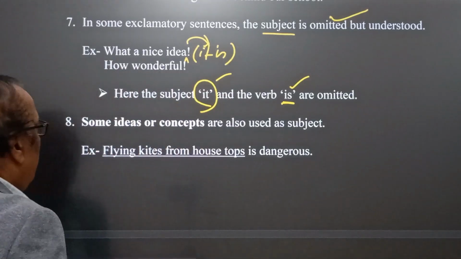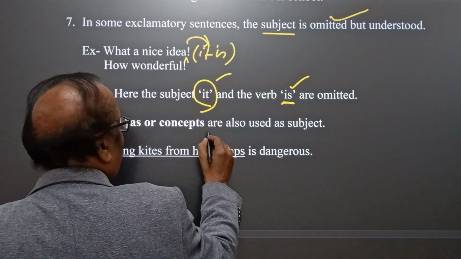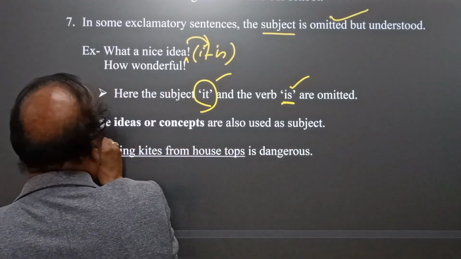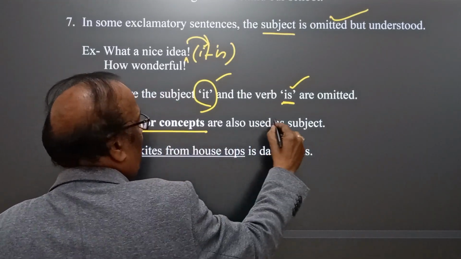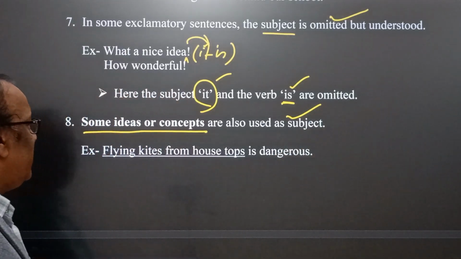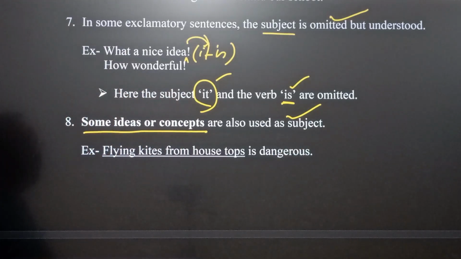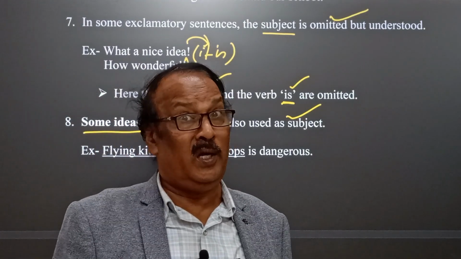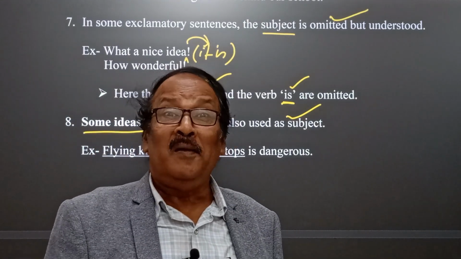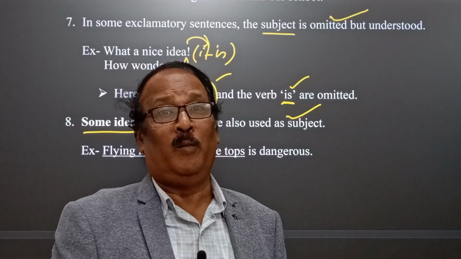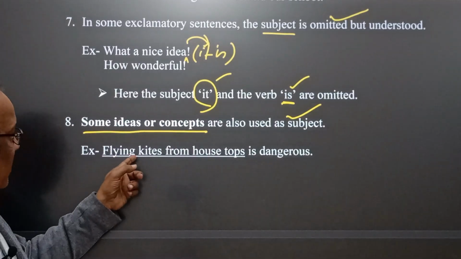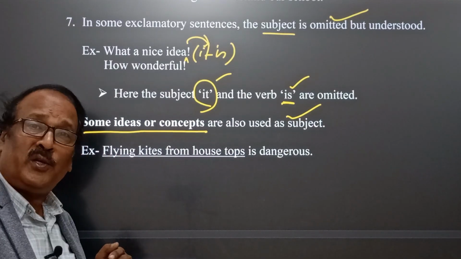Remember, some ideas or concepts are also used as the subject. Very interesting: 'Flying kites from housetops.' This is an idea. Here we find 'It is very dangerous.' 'Flying' is a gerund, a verbal noun, because 'flying kites' indicates an action.